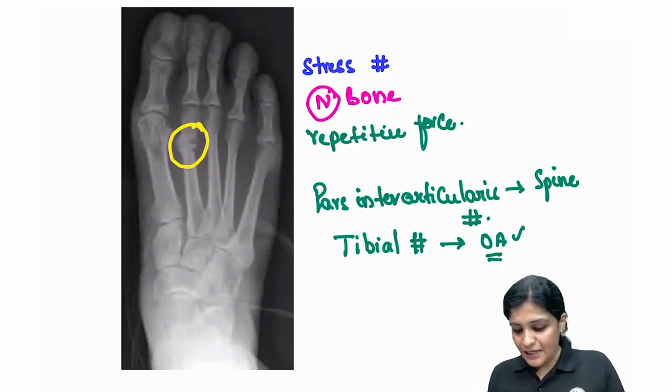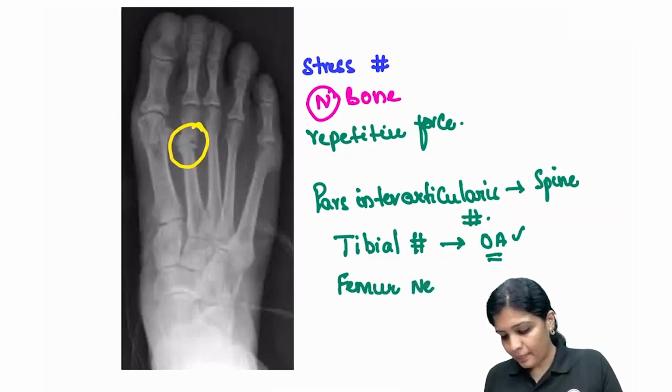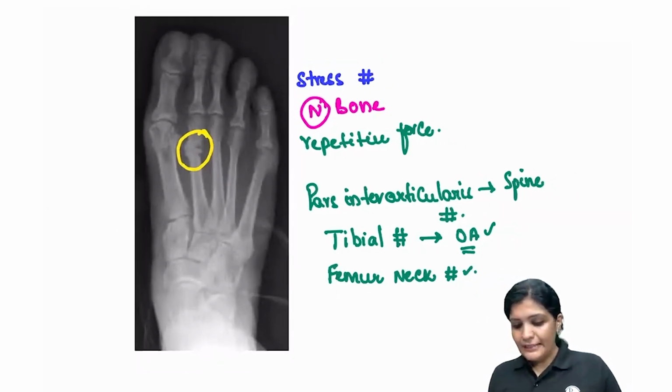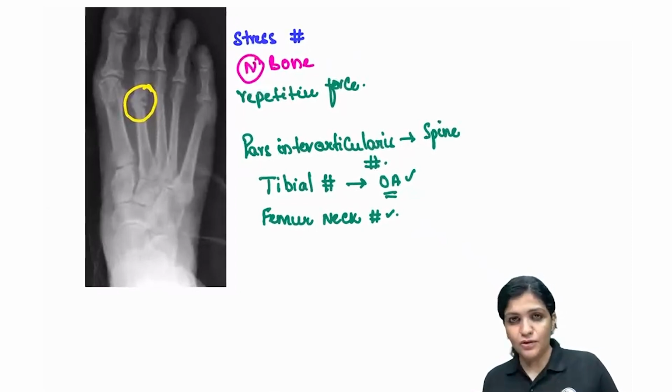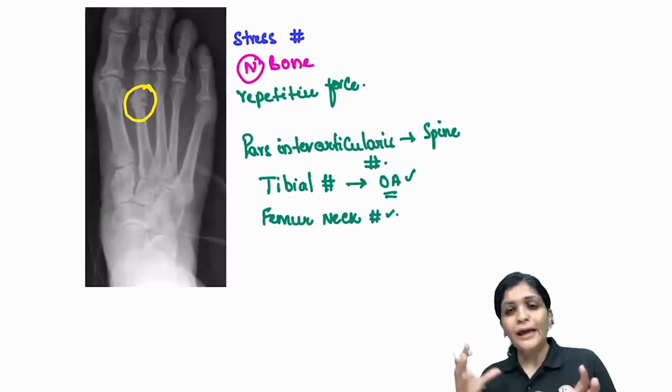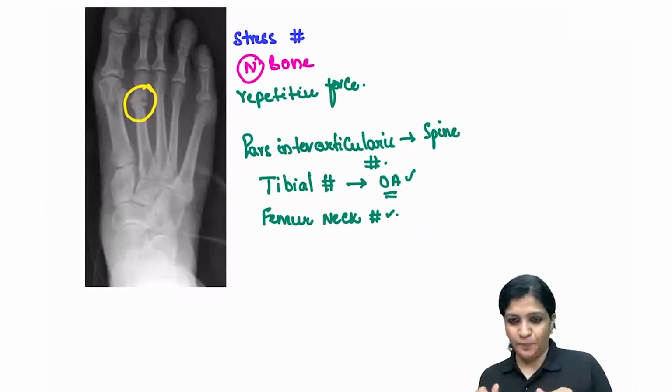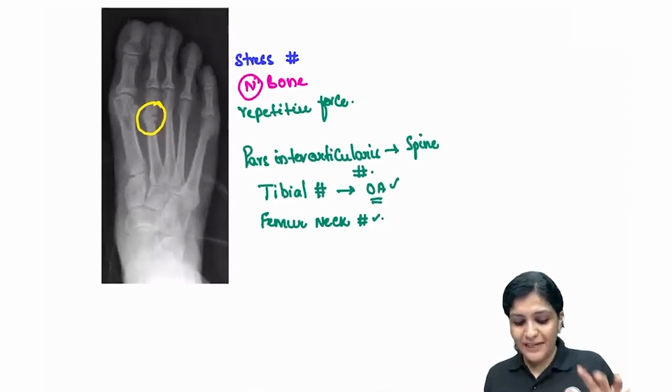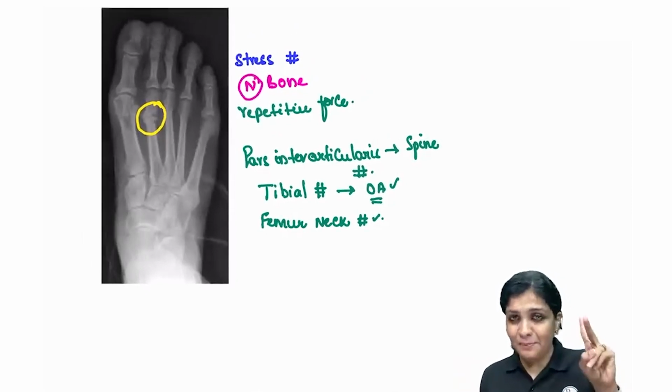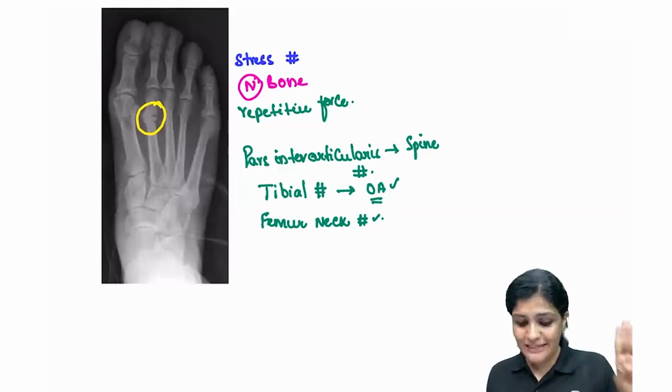And then sometimes your femur neck. This femur neck fracture could be because of stress, or it could be an example of a pathological fracture also, right? So what you have to remember is these three things: the second metatarsal, the pars interarticularis, the tibial fracture. These three are very important, which are classical examples of your stress fractures.